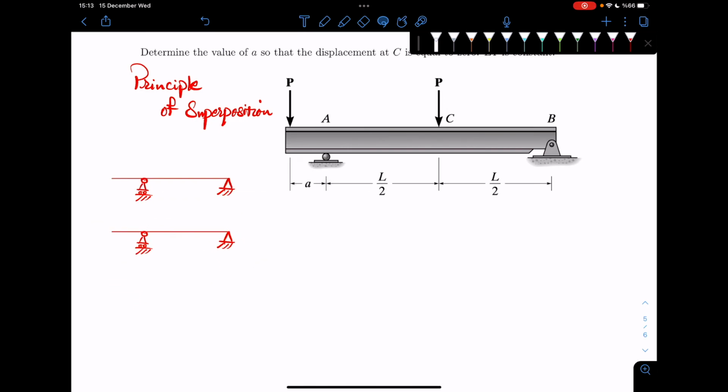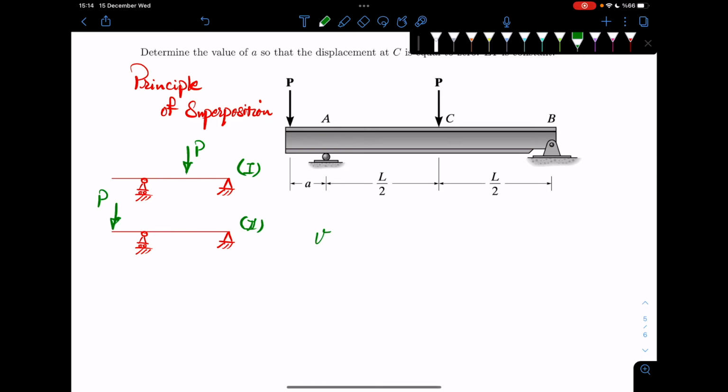Now, system 1 has only a P that is applied here, and system 2 has only a P that is applied here. Okay? Now, for each of these systems, you can calculate the deflection at point C, and then you add them up and you set them to 0.